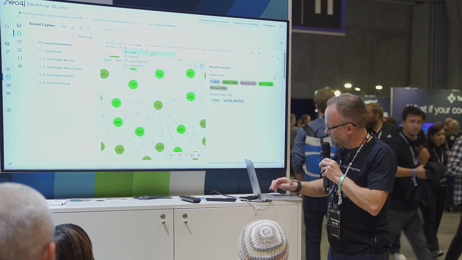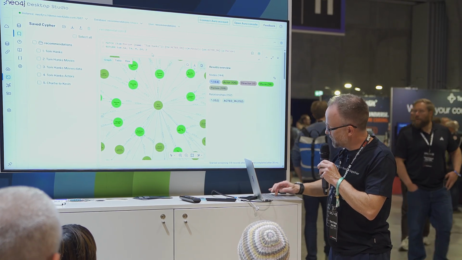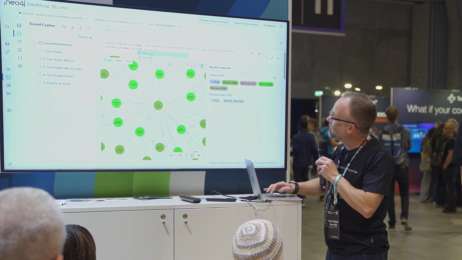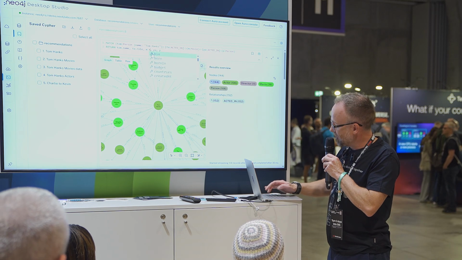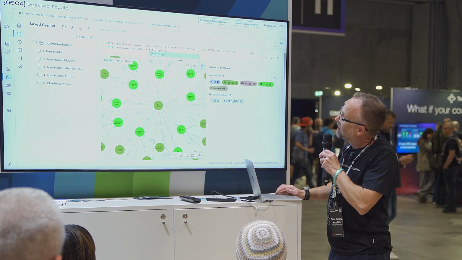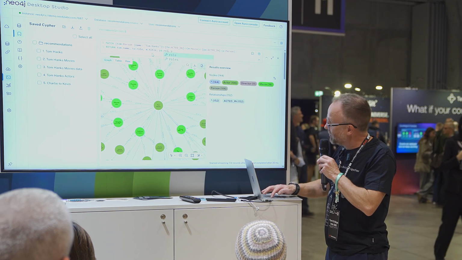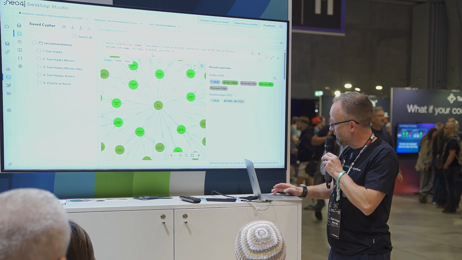I can also return properties. So I want Tom's name. I want the role that Tom Hanks played. I want the title of the movie that Tom Hanks acted in. I want the role that the other person acted in, and I want their name.